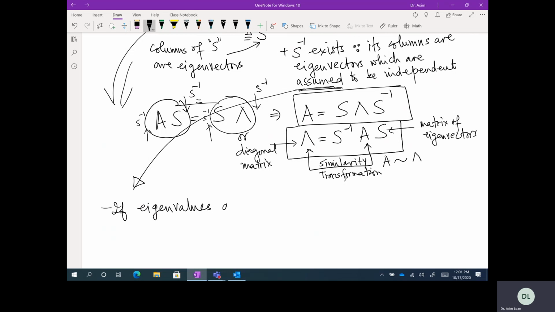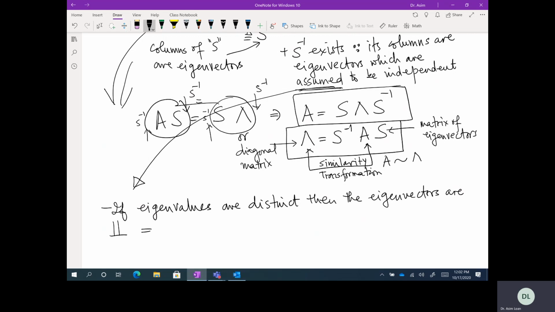If eigenvalues are distinct, then the eigenvectors are independent. This is the symbol for independence. This is not the product sign; the inverted pi is used for the product sign.